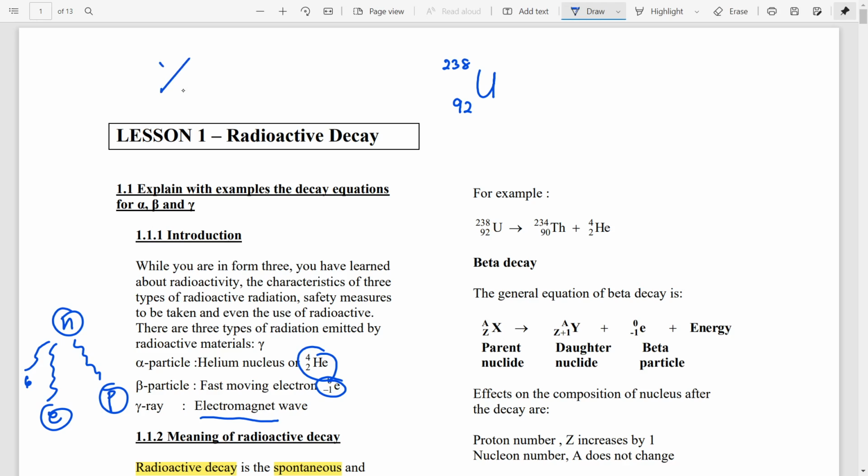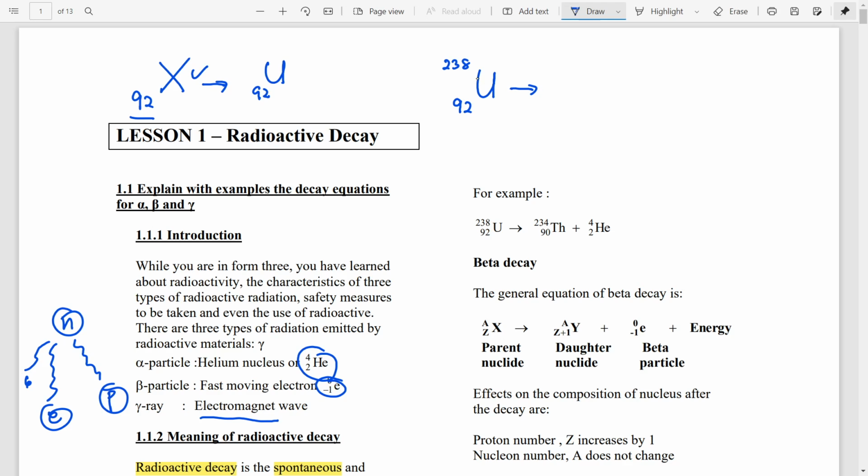That means if you have an element that you don't know, but you know the atomic number is 92, you can decide that this is uranium. It depends on the ID number. If it is 92, we know it is uranium. This is the atomic number, or the number of protons inside the nucleus of uranium.